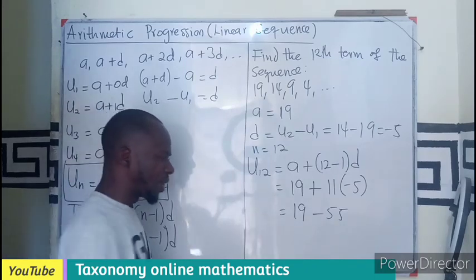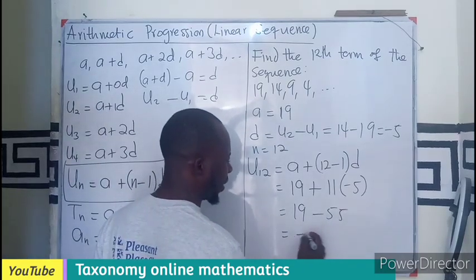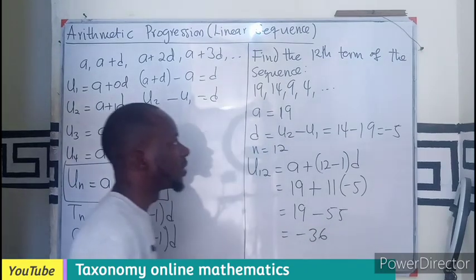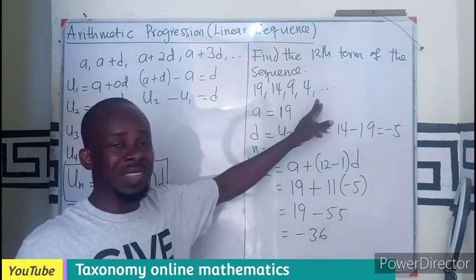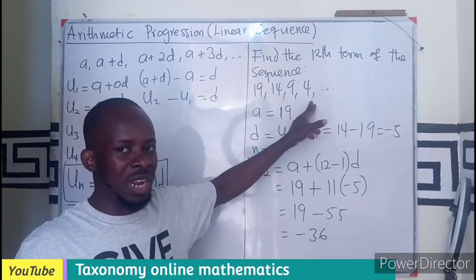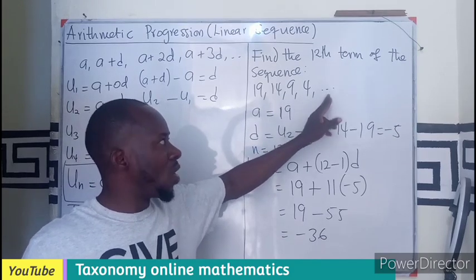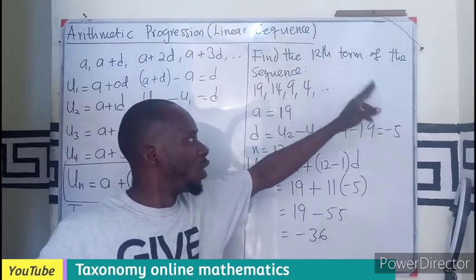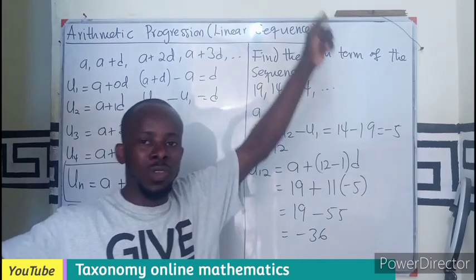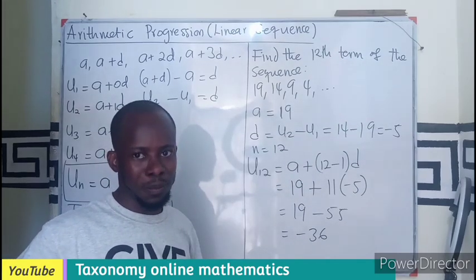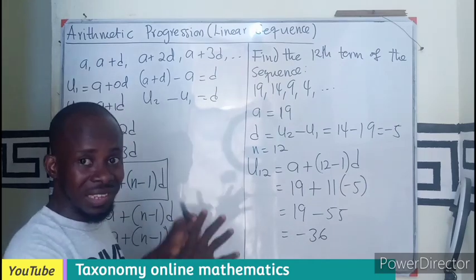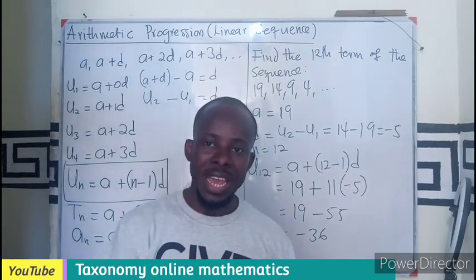If we perform the subtraction, I think we have negative 36. So it means that if we continue subtracting 5 from each term to get the next one, by the time we get to the 12th position, we will end up with negative 36.